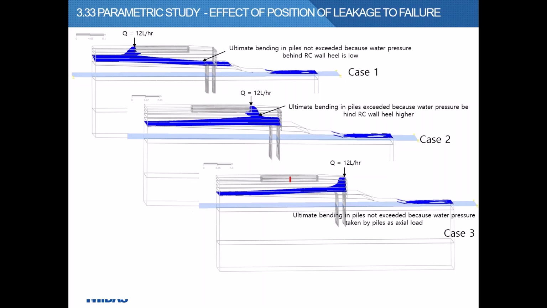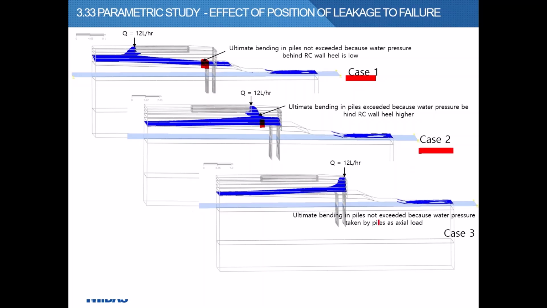Number 1, if the leakage is further away from the heel of the RC wall, such as shown in the figure in case 1, the phreatic line at the heel of the RC wall is low, and therefore you will not initiate a failure. Number 2, if the leakage is near the heel of the RC wall, the phreatic line at the heel of the RC wall is high, and therefore the water pressure will push the RC wall forward and initiate a failure in case 2.